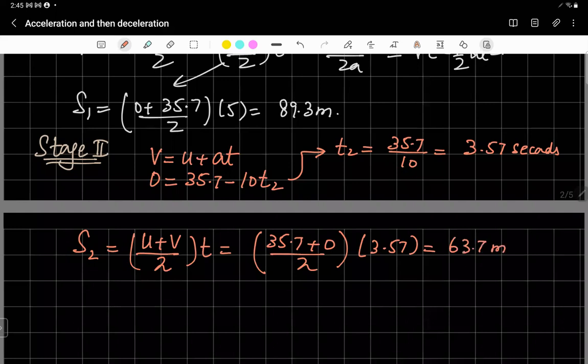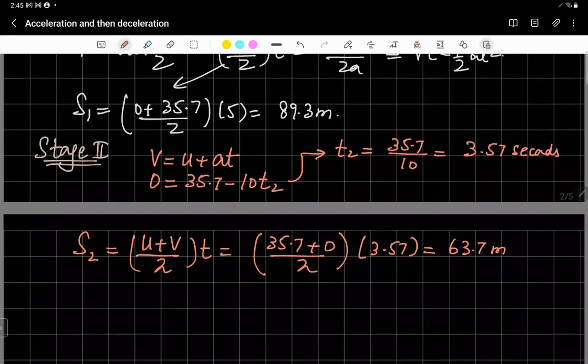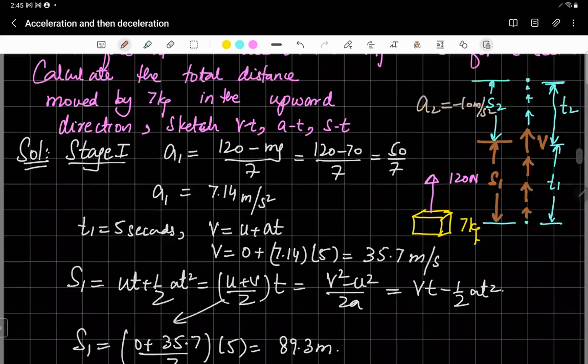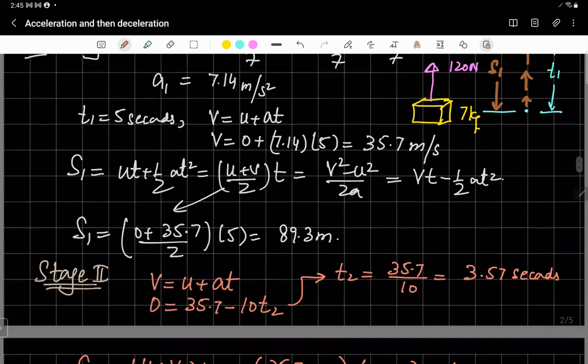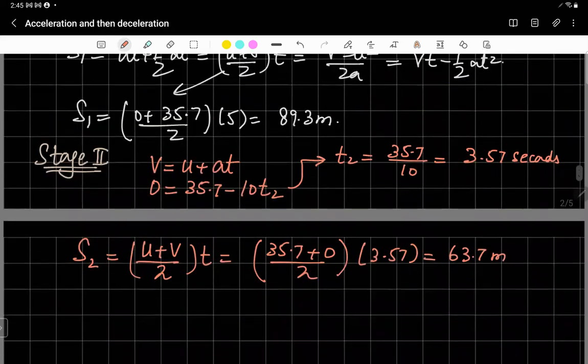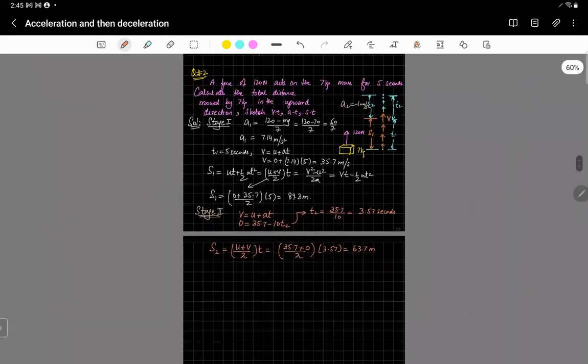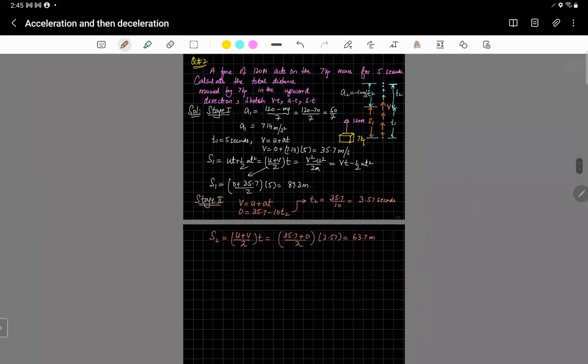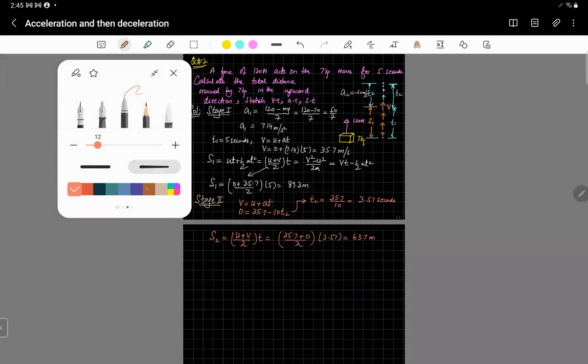63.7 meters. Okay. Now I think we have enough information that we can draw the graphs. We can easily draw them.